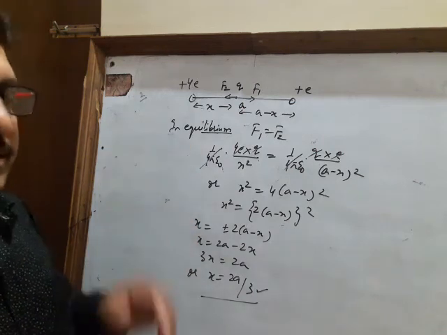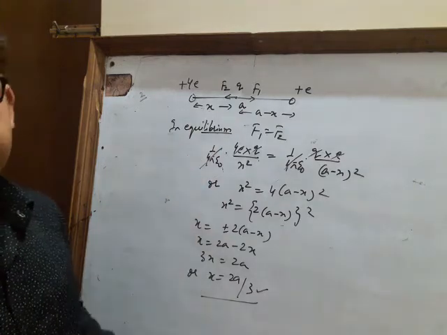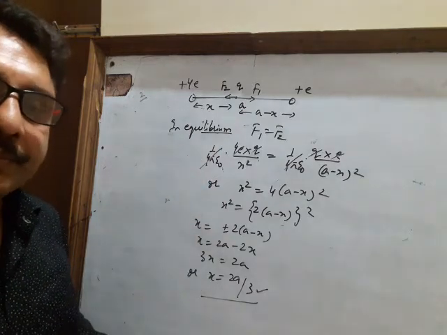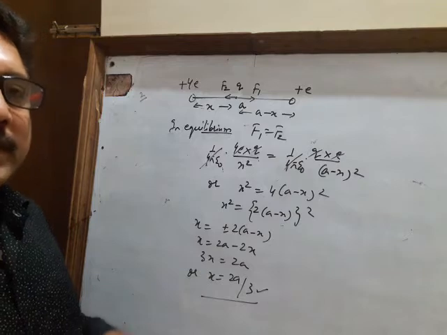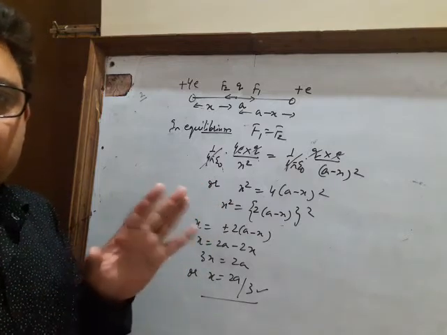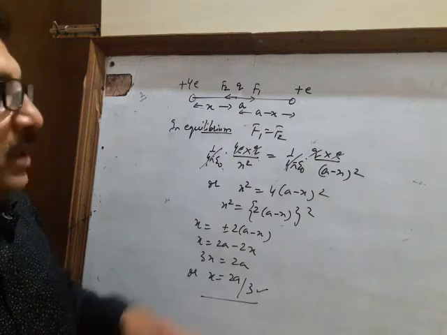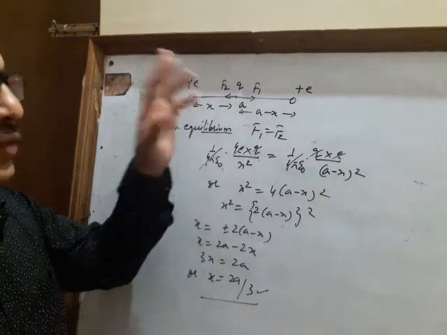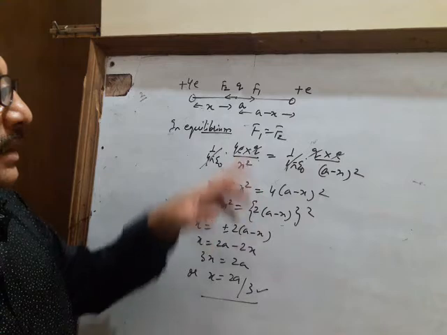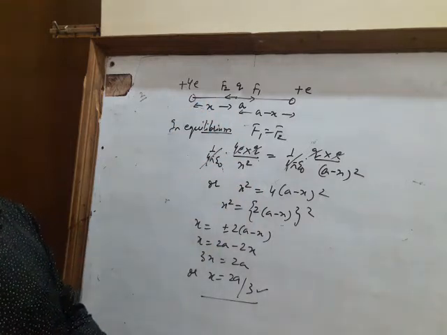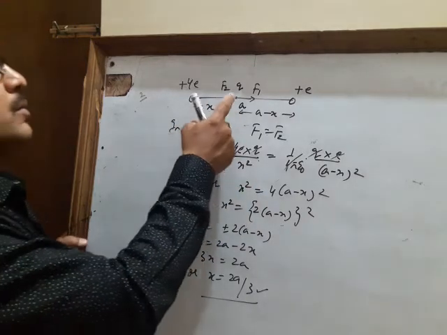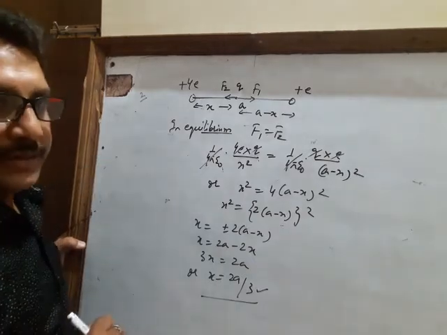But now if I ask you to check the equilibrium, how will you check it? Equilibrium is of two types, either stable equilibrium or unstable equilibrium. See this charge Q which is placed between the two charges plus 4e and plus e. Suppose this is a positive charge.